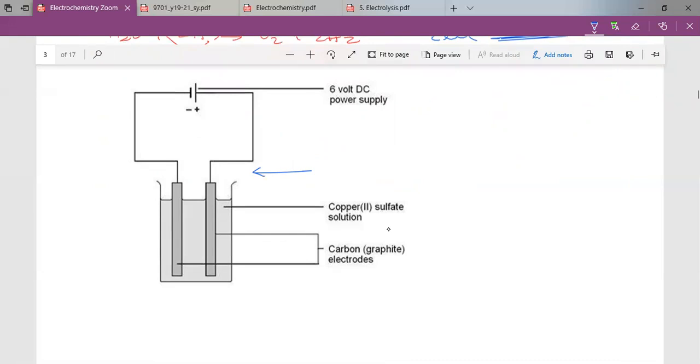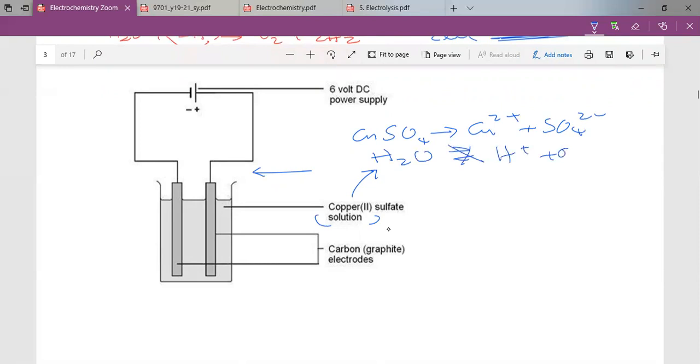Why? In this aqueous solution, what are the ions present that will undergo electrolysis? Copper sulfate completely dissociates into Cu2 plus and SO4 2 minus. Now I told you, in Form 5 you used water, but don't use it anymore. Cannot.